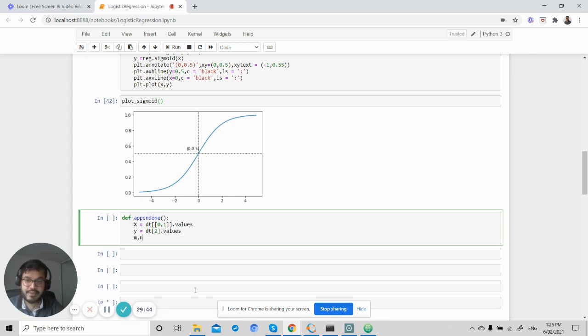My m comma n, where m is my total number of rows and n is the number of features, will be x dot shape.